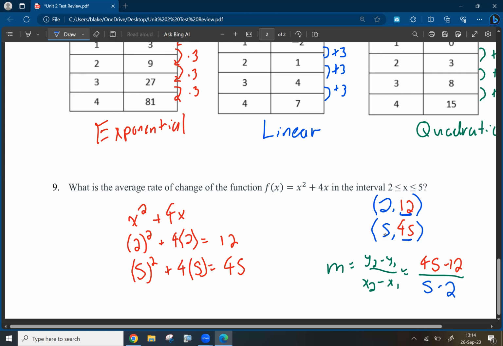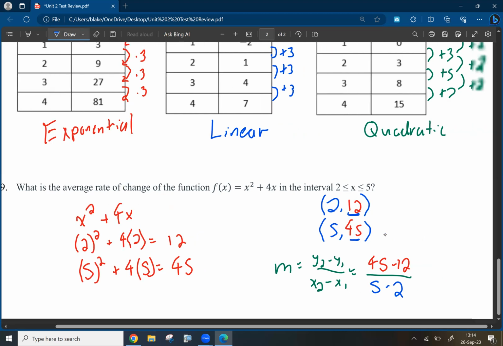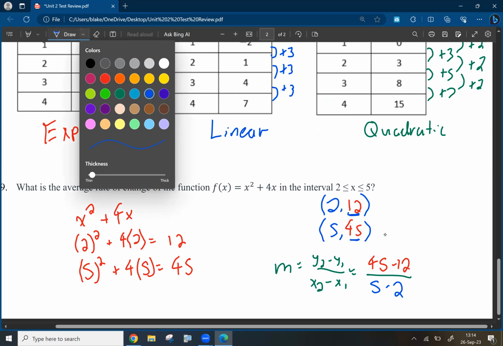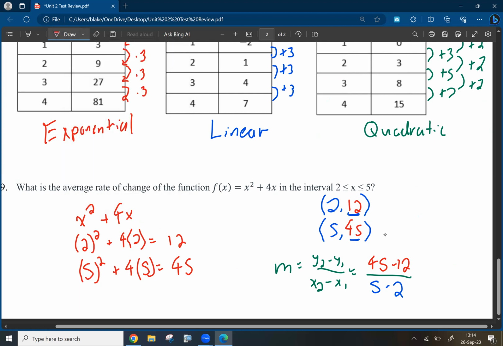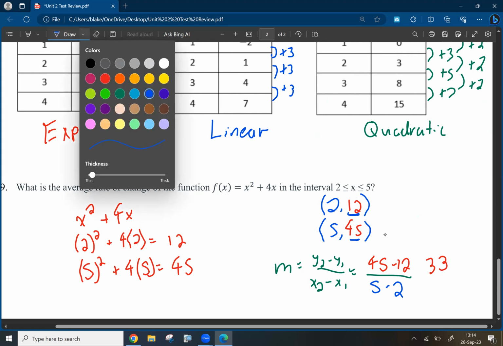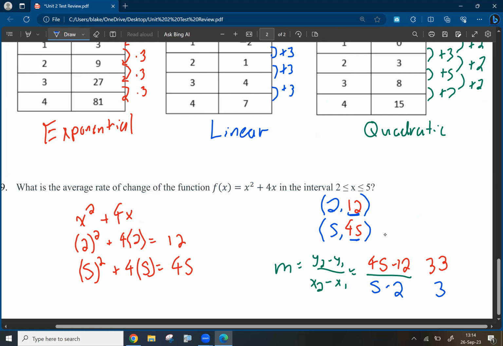All right, so 45 minus 12 is 33. And 5 minus 2 is just 3. So we have 33 over 3, which simplifies to 11. So our slope is 11. The rate of change is 11.